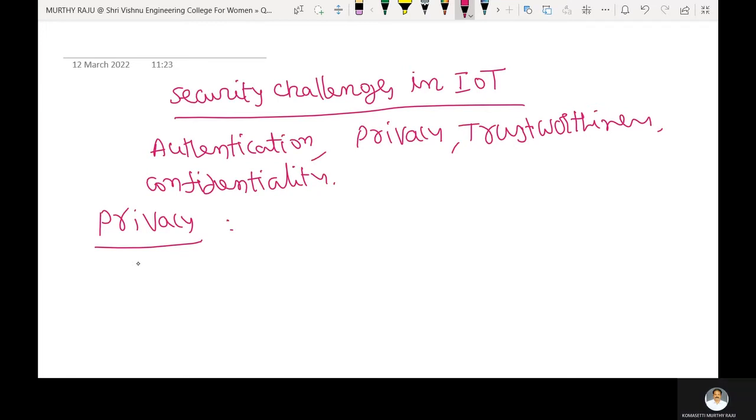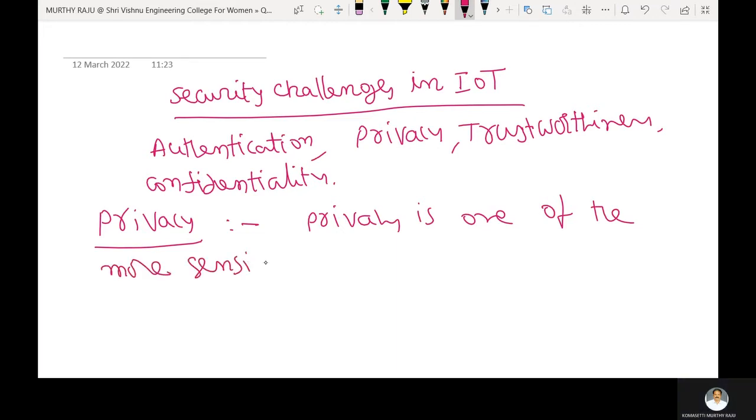Privacy is one of the more sensitive areas in the context of IoT.